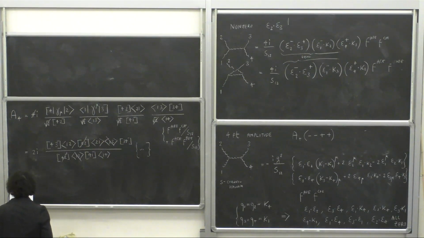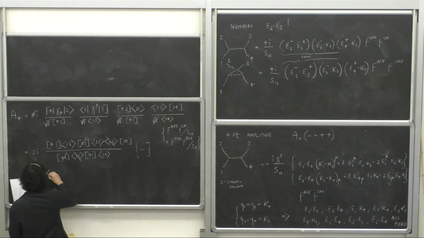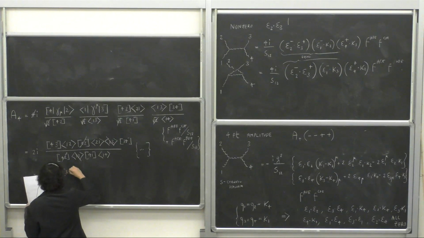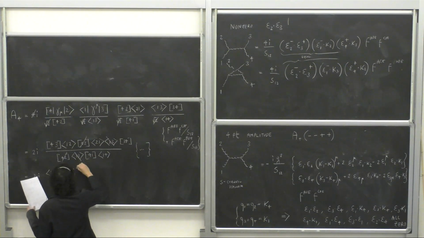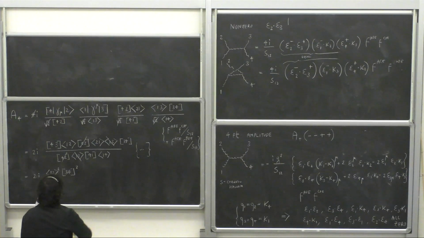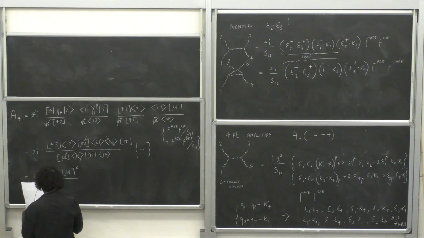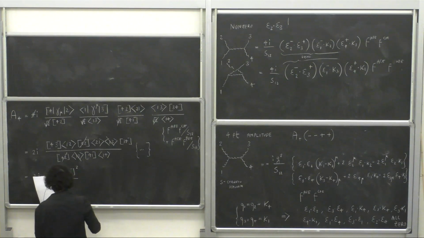And I am left with an expression here, which is 2i ⟨1 2⟩ squared ⟨3 4⟩ squared. I have ⟨4 3⟩, ⟨3 4⟩, ⟨1 2⟩, ⟨2 1⟩. So I have just flipped, gaining no minus sign. And then I have ⟨1 4⟩, ⟨4 1⟩, which also could be expressed in terms of a Mandelstam variable.